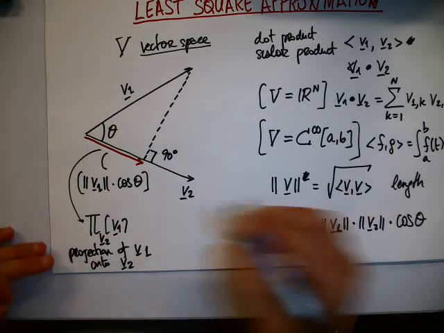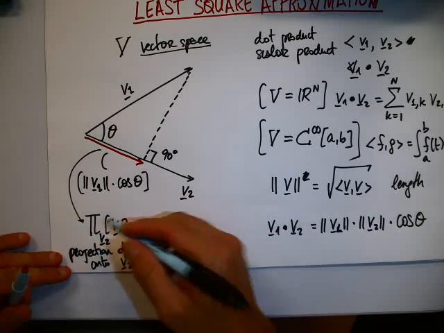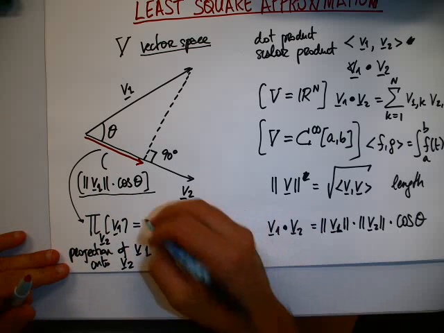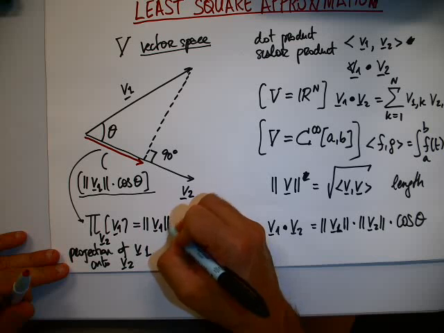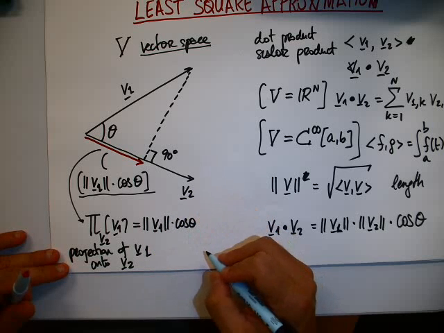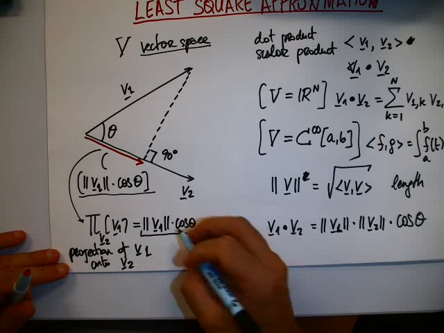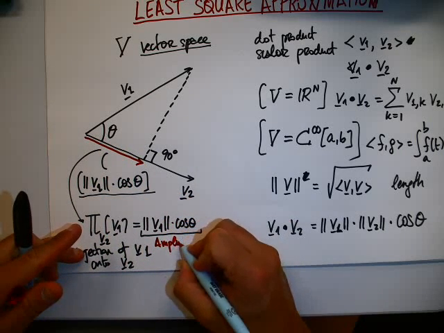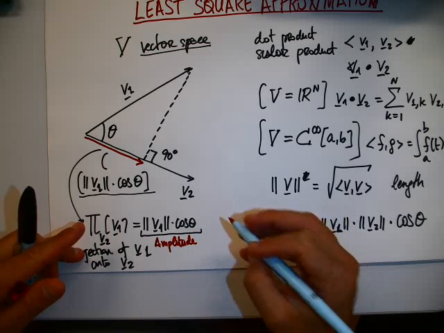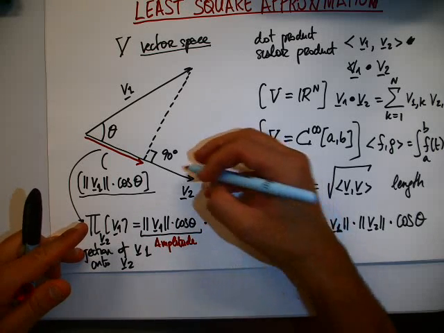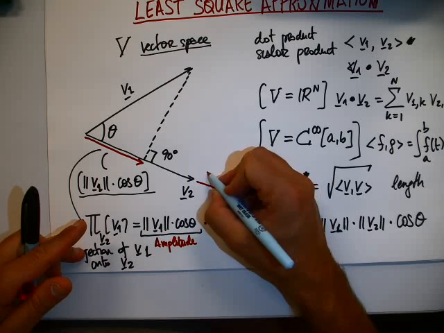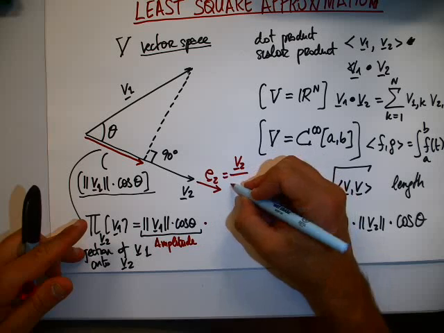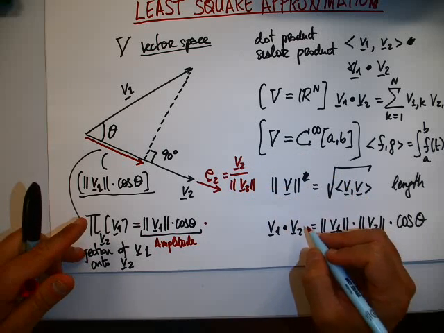And this is a vector. The amplitude of this vector is given by this quantity here, so it's the norm of V1 times cosine of theta. And then we need a direction, right? As a direction, we put the unit vector E2 given by V2 divided by the length of V2.